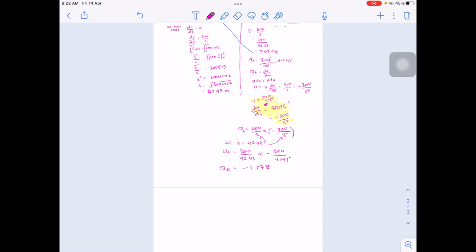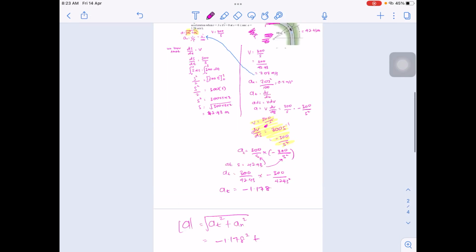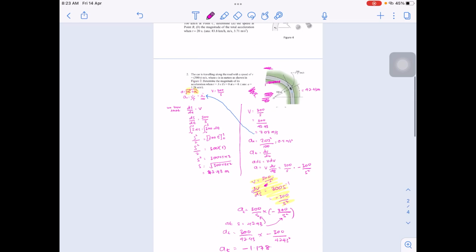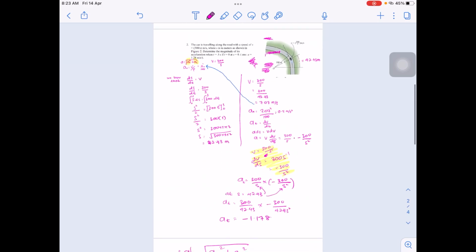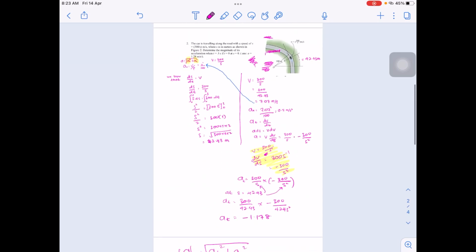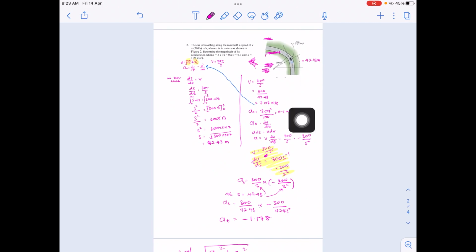Okay, so you have A is equals to A tangent plus A normal. Okay, so negative 1.178 squared plus A normal kita dapat tadi, 0.5, this one, 0.5.